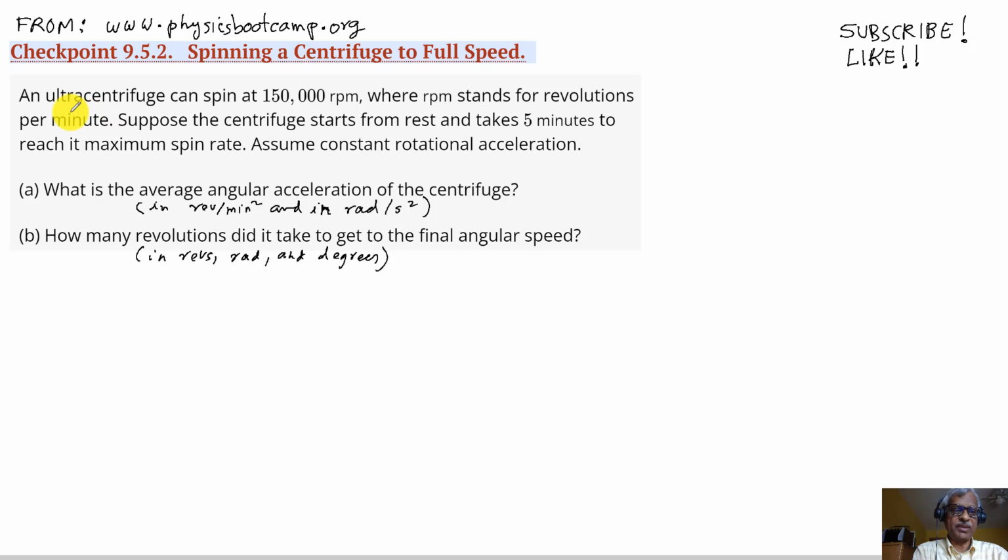So here we have an ultracentrifuge. An ultracentrifuge is basically a centrifuge that spins at a very high rate. What's a centrifuge? Well, it's a kind of device in which you have a container where you put a liquid material with some particles in there, and it spins.